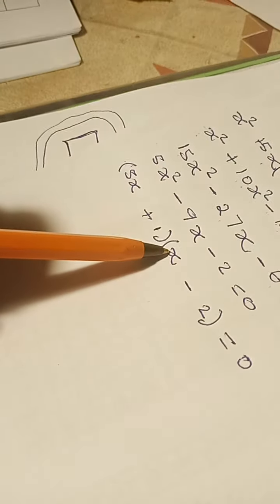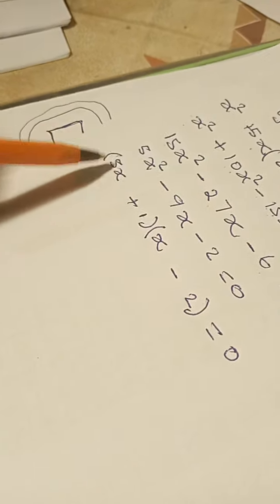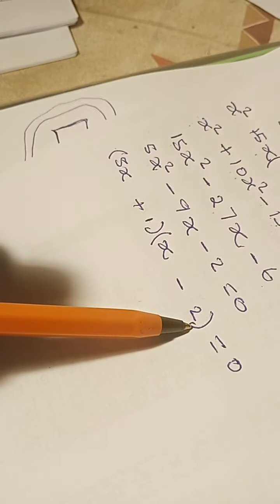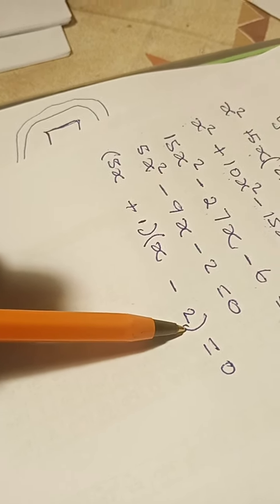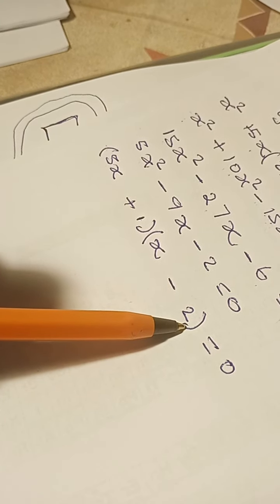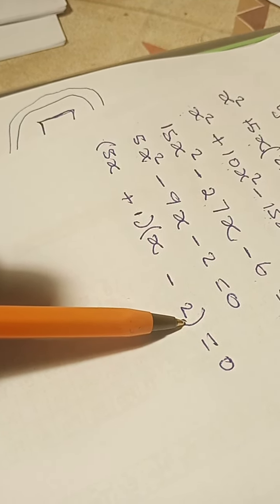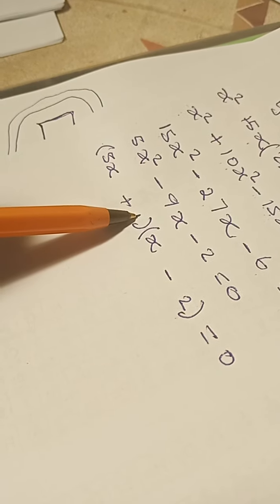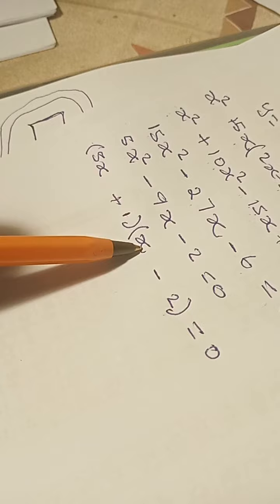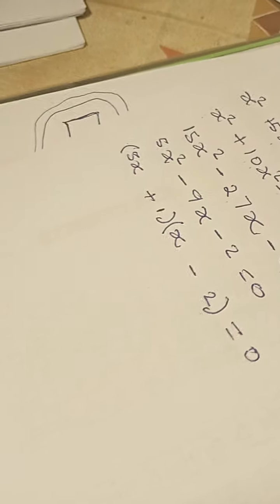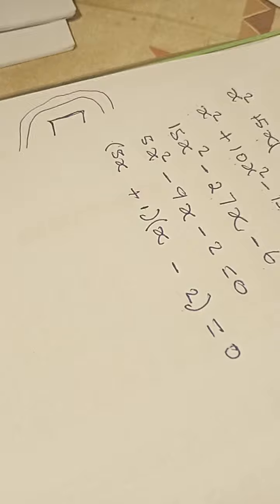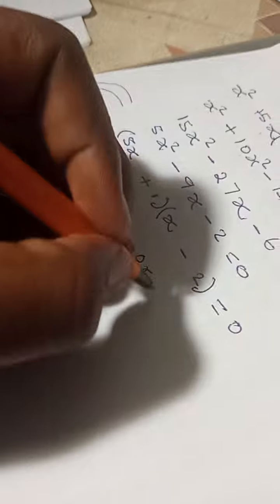When we say 5 times this is 5x squared, 5 times a negative 2 is going to give us a negative 10, and then this times this is going to give us 1. Minus 10 plus 1 is how much? 9. Then you say 5x plus 1 is equal to 0, or x minus 2 is equal to 0.